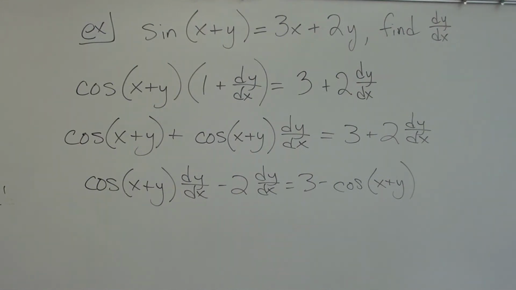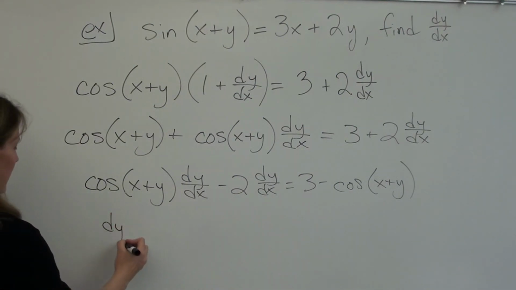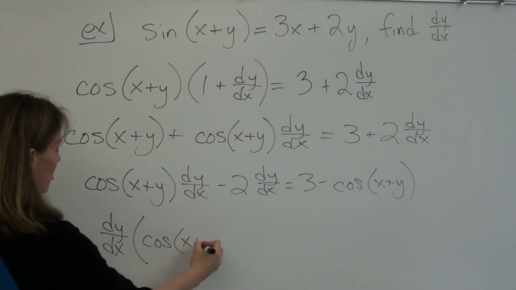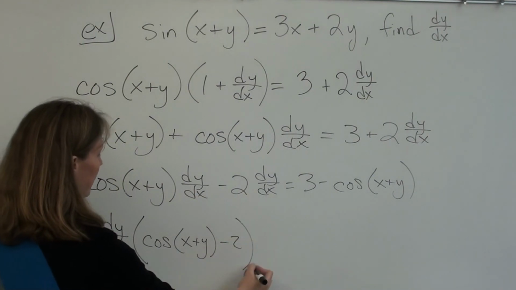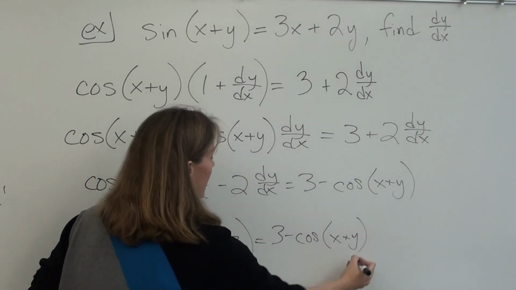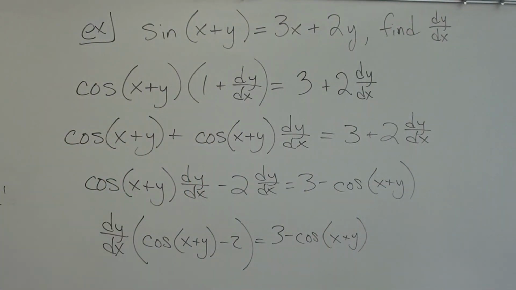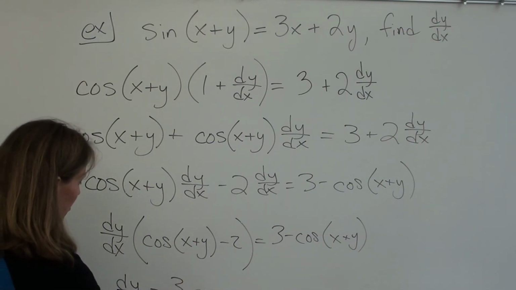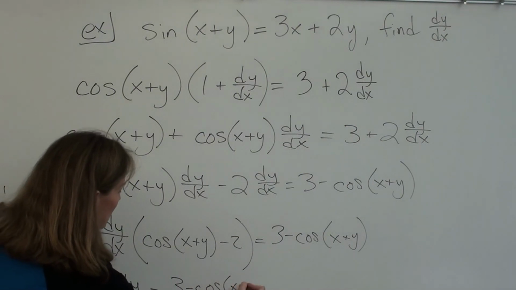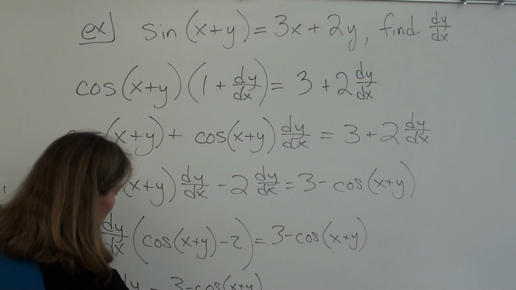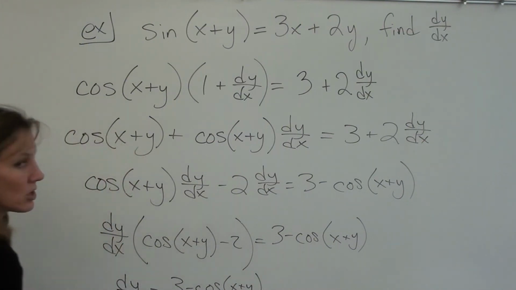Factor a dy dx out, times cosine x plus y minus 2. And what's the very last thing we do? Divide out cosine x plus y minus 2. Beautiful. So dy dx equals 3 minus cosine x plus y divided by cosine x plus y minus 2.